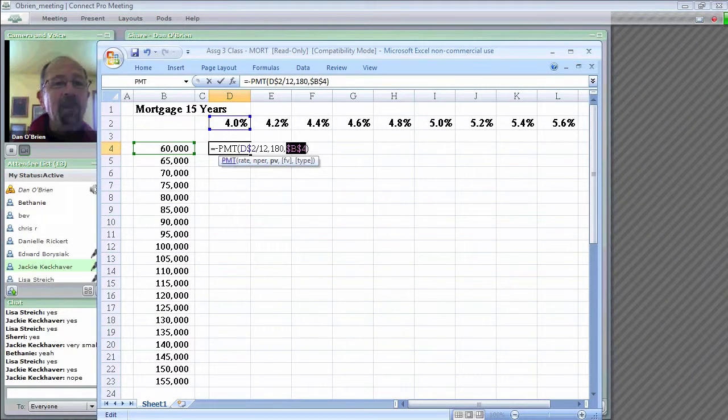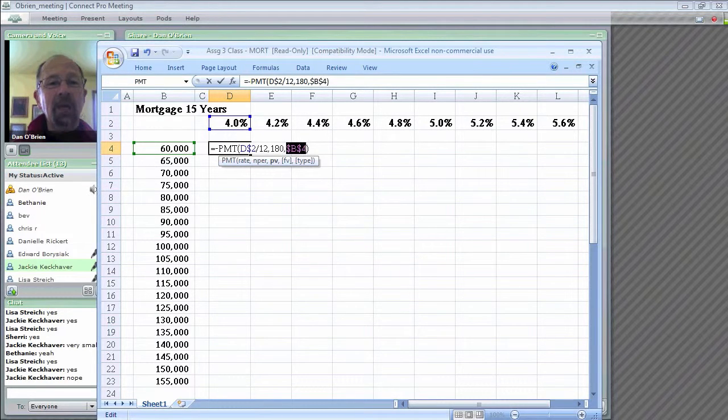Now, on this particular formula, the only thing I want a dollar sign in front of is a B. Because when I copy it down, I want it to be doing it based on 65,000, based on 70,000, based on 75. So I'm going to hit the F4 again, but I don't want the 4 frozen, I want the B frozen. So I'm going to be pressing it a second time. Notice how a dollar sign is only in front of the B now.